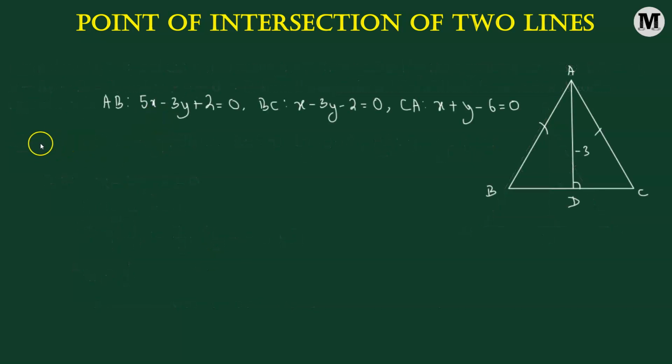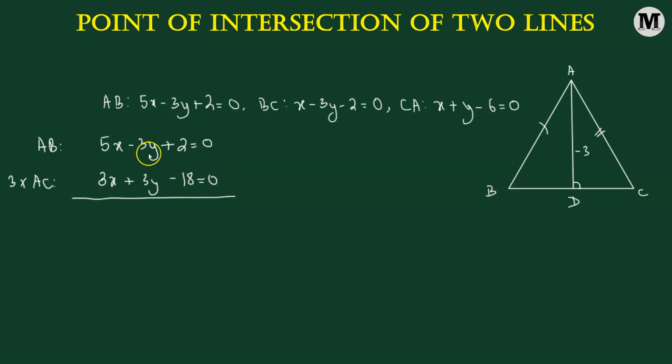We take the equation of AB, which is 5x minus 3y plus 2 equals 0. Then we need the side AC, that's x plus y minus 6 equals 0. But we'll multiply each term of AC by 3, such that we get 3x plus 3y minus 18 equals 0.